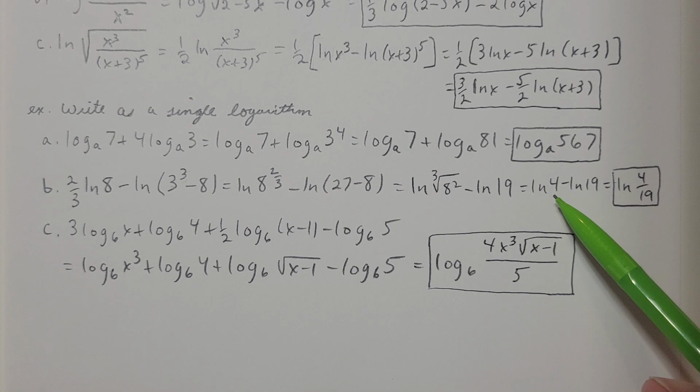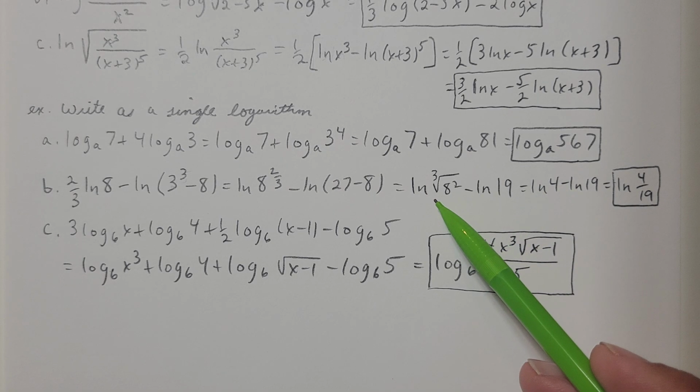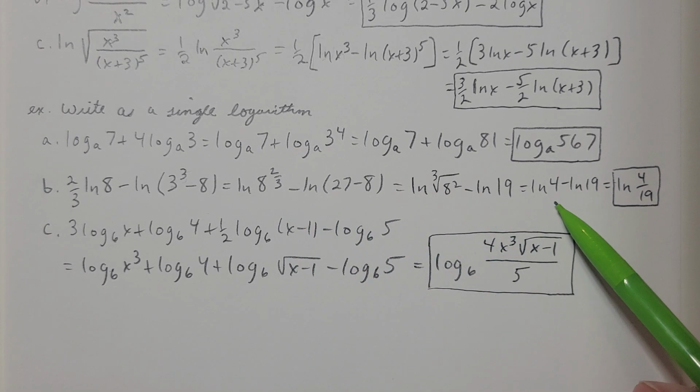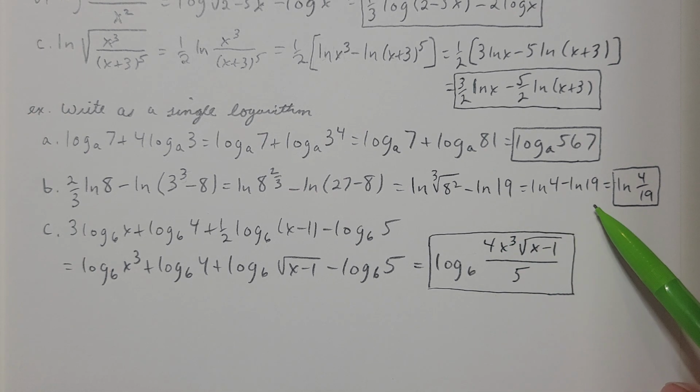Okay, either way, I didn't need a calculator here, right? So the ln of 8 to the 2/3, that's equal to ln 4. Okay, so I'm looking at ln 4 minus ln 19, and the single logarithm there would be ln of 4 over 19. Okay, go ahead and circle that.